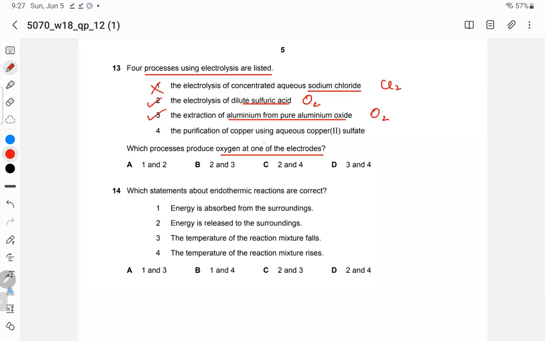The purification of copper using copper 2 sulfate: when we use purification, no gas is produced at the anode. Instead, the anode itself dissolves. So no gas at any electrode. So the correct answer is B. Okay. Is this understandable to everyone? Yes, sir.